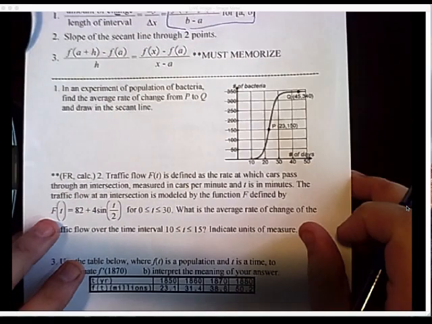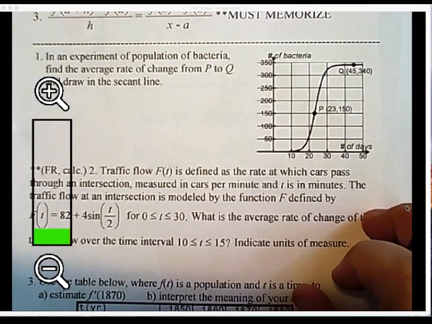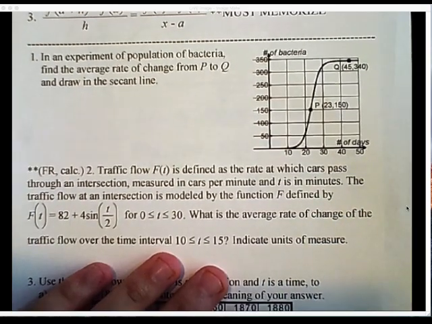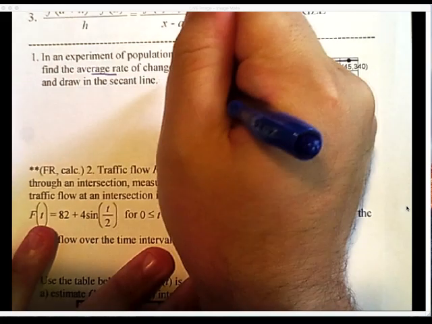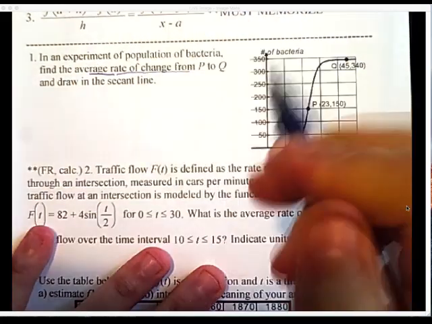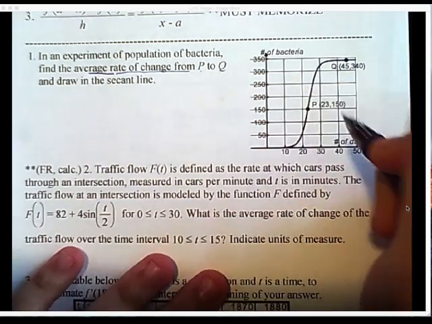So now let's look at some of the questions. It says, in an experiment of population of bacteria, find the average rate of change from point P to point Q and draw in the secant line. Okay.